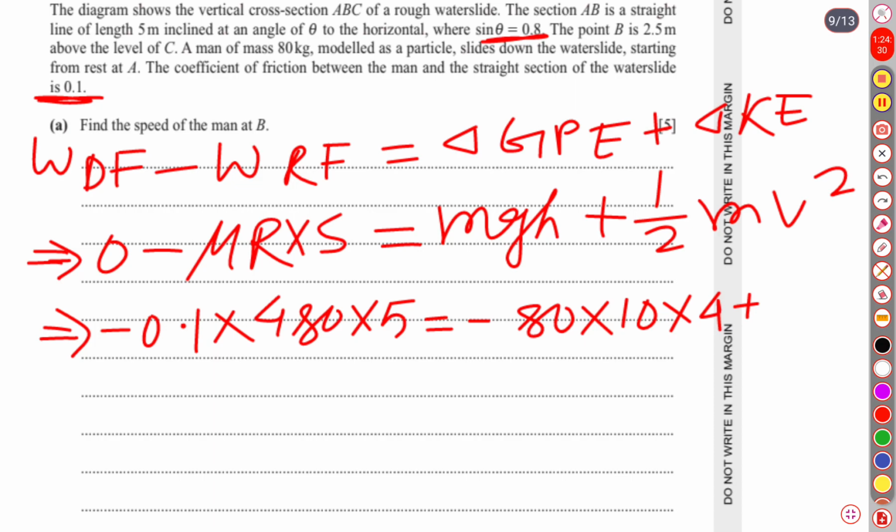The mass of the person was 80 kg, okay, so half of 80 is 40. We can write here 40 and v squared. Okay, the initial velocity was 0, that's why just the final velocity is to be taken into consideration. So what is it going to give? If we multiply here, it is going to be negative 240.